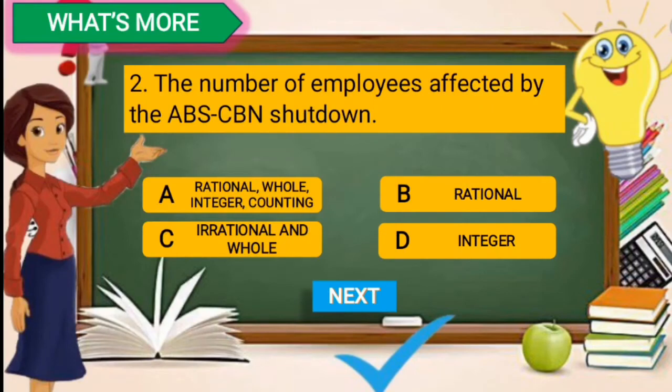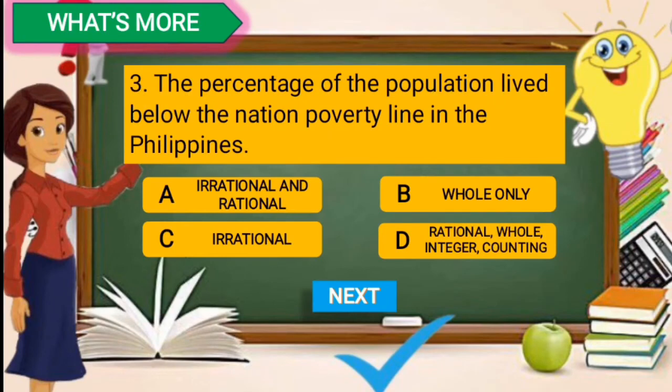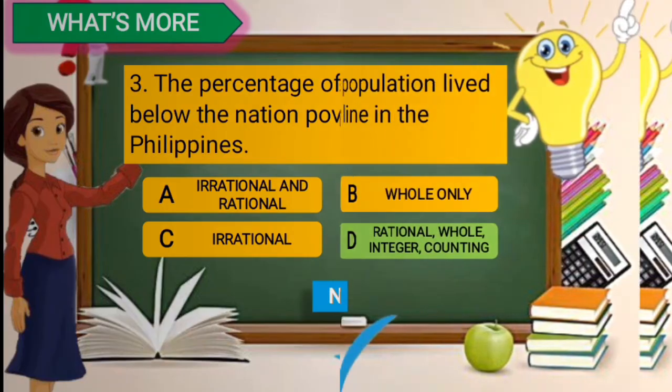The number of employees affected by the ABS-CBN shutdown. It is a rational. Number 3. The percentage of the population living below the national poverty line in the Philippines. It is a rational, whole, integer, and counting.